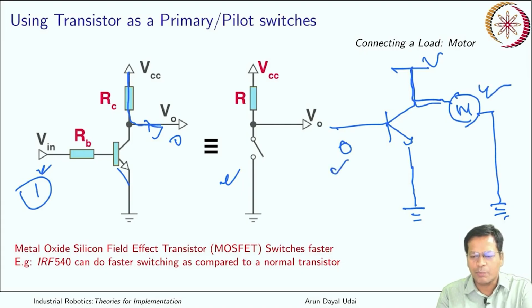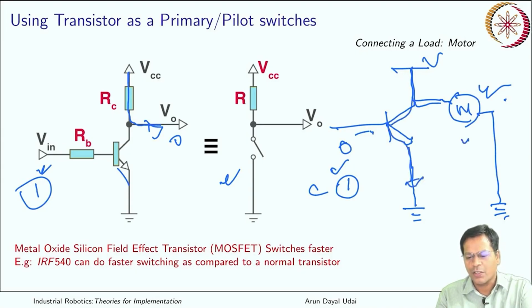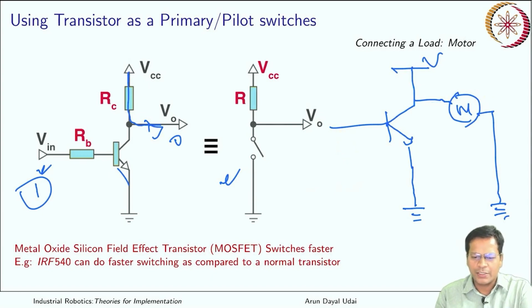So 0 to run the motor. If you provide 1, that is logic value 1, that is the control signal here, in that case the transistor opens up and current flows from here to the ground. In that case the motor is off. This is another way of connecting it.